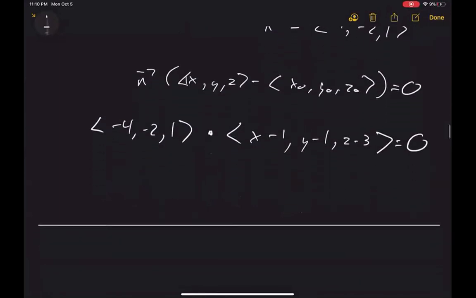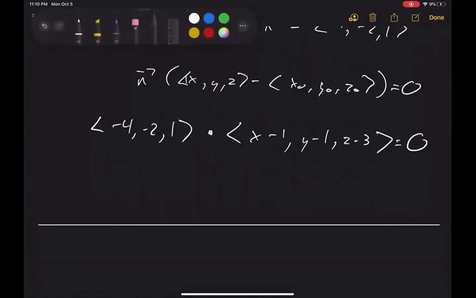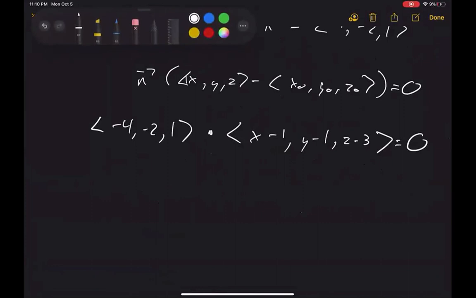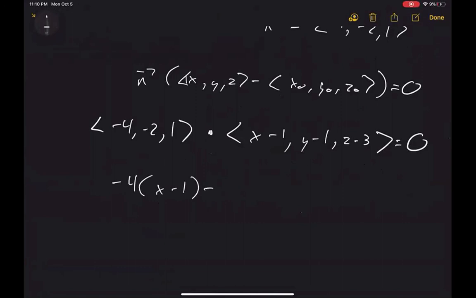So that should be my vector equation, right? And I can split this up to write it in standard form. So this would become -4 times (x minus 1) minus 2 times (y minus 1) plus 1 times (z minus 3) equals 0.